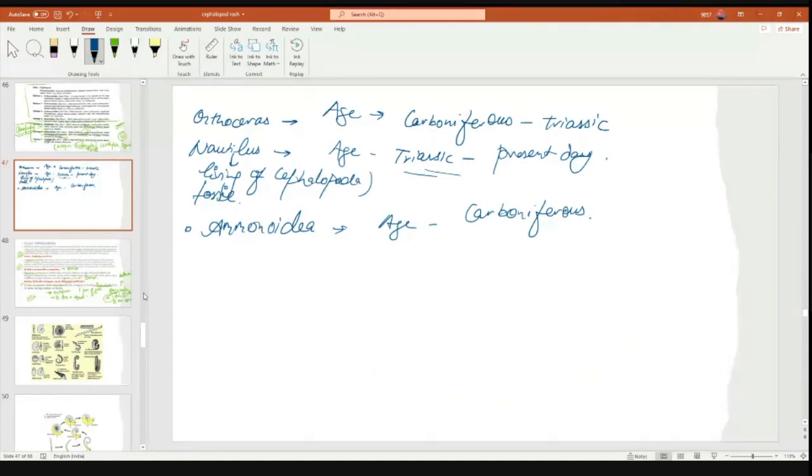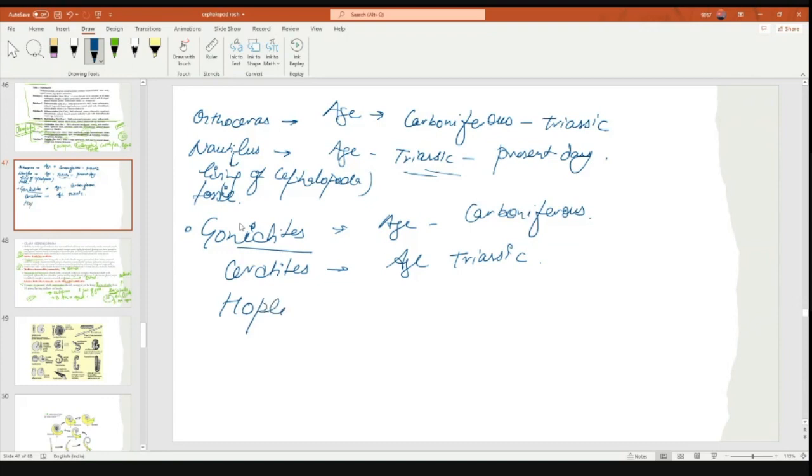Okay, sorry, Goniatite. Okay, Goniatite age is the Carboniferous, and Ceratite age is Triassic. Hoplite. Okay, so Hoplite is generally Upper Jurassic.